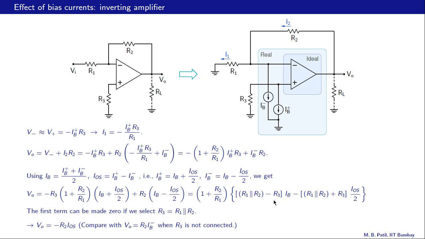So with that substitution, R3 equal to R1 parallel R2 over here as well as over here, we can simplify this VO further, and that turns out to be minus R2 times IOS. And if you recall, IOS is the offset current, and that is much smaller than IB, and therefore this voltage is a smaller DC shift as compared to R2 times IB minus, which we obtained when R3 was 0, or R3 was not connected.